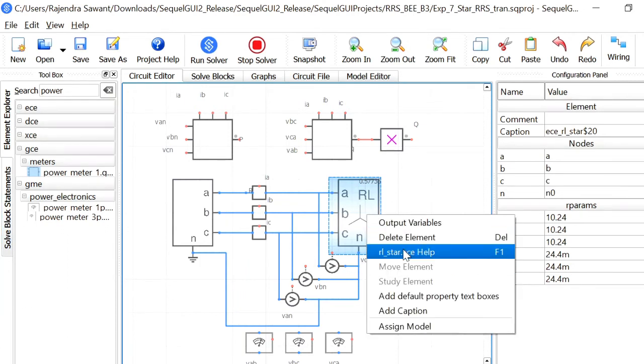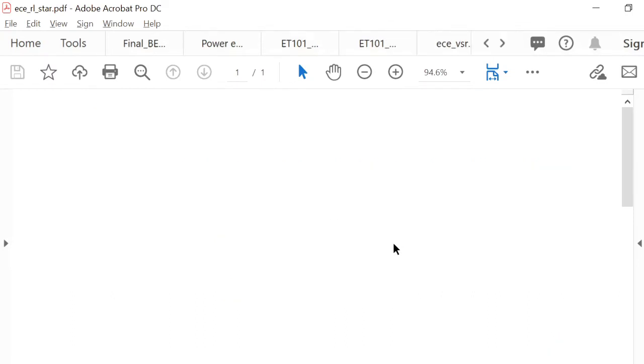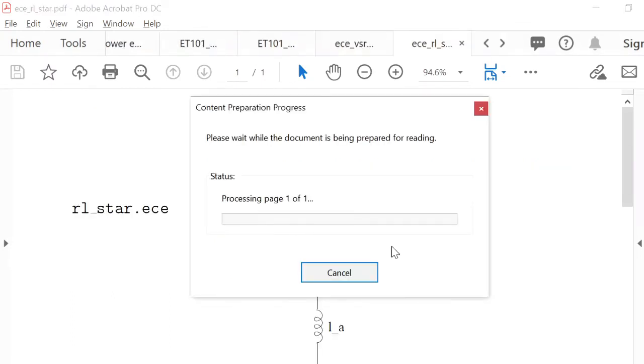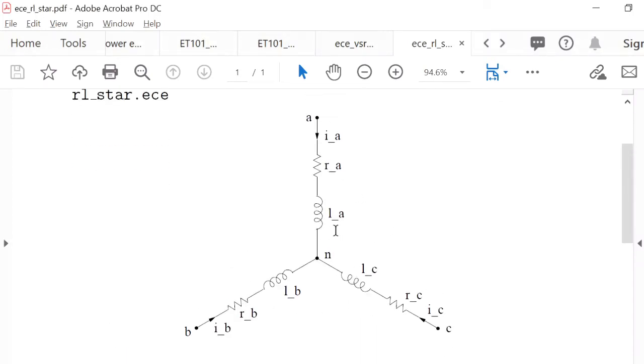So if you have any doubt on a library component, we can go like this. Just right click on the block and we shall be getting the help of this particular component. This is basically the component, as I have already mentioned.